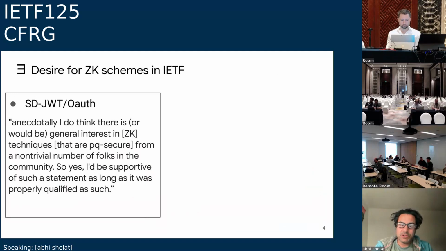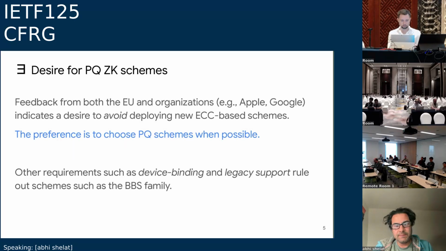So the SD-JWT people have actually spoken that they have general interest in zero-knowledge techniques that are post-quantum secure, and they would be supportive of these types of schemes. So that's one example of a working group that's expressed interest in this type of work. We've had a lot of feedback from the EU, from organizations such as Apple and Google, that nobody wants to deploy any new schemes that are based on elliptic curve cryptography.